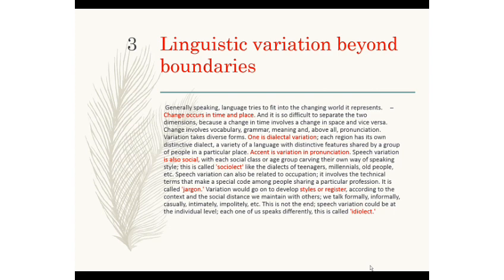So variation is multiple, and we have dialectal variation, we have pronunciation variation, we have social variation, style and register variation, and jargons and idiolects, and so on. So it's a very wide spectrum space for variation in language use. Okay, let's move on.